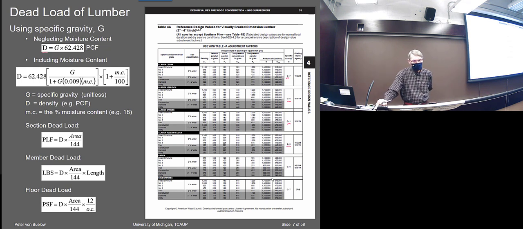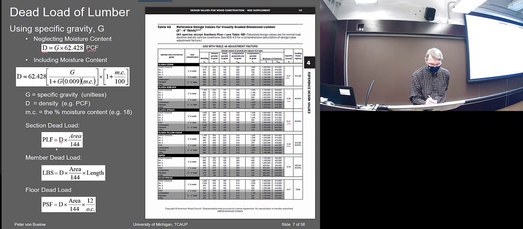And then you take that, and to go from specific gravity to density, multiply it by the weight of water, and that gives you then the pounds per cubic foot, right? That would be the density. And then you could use that, if you know the volume of the wood, you multiply the density times the area divided by 144 to get PLF of a board.